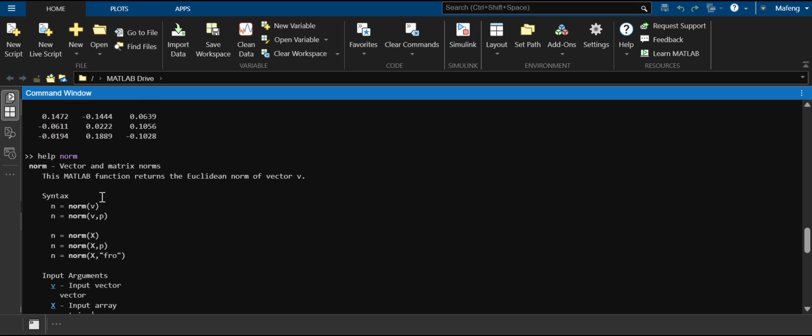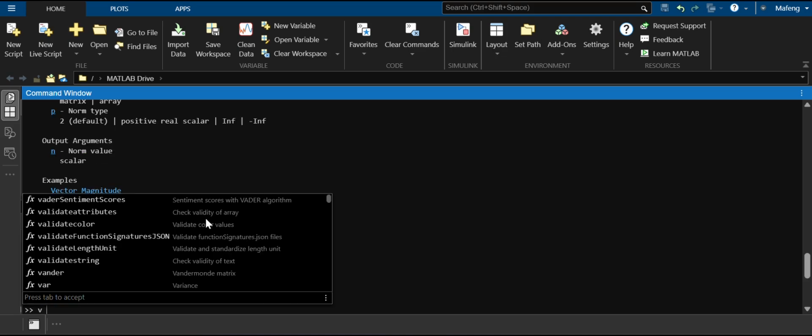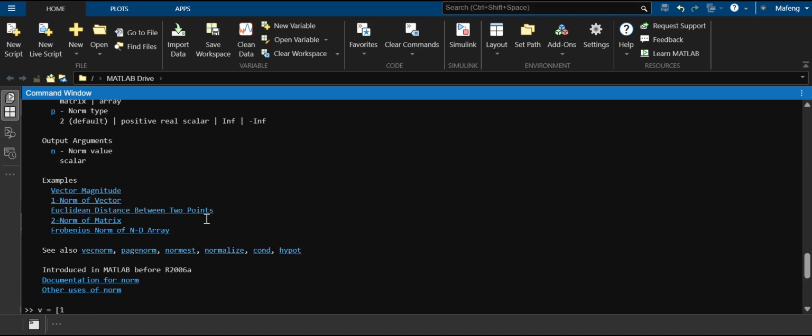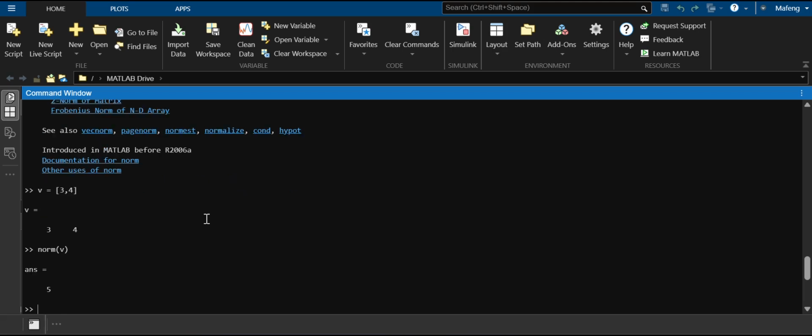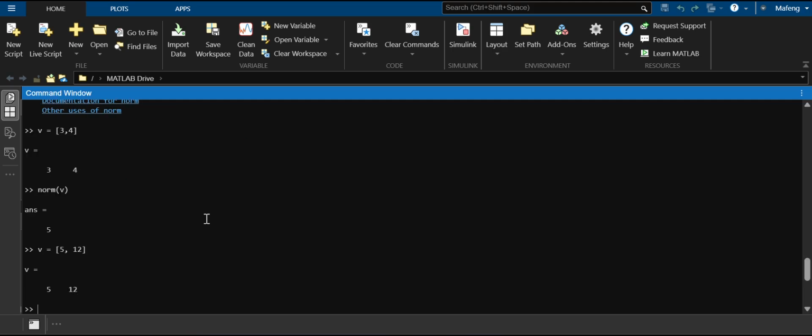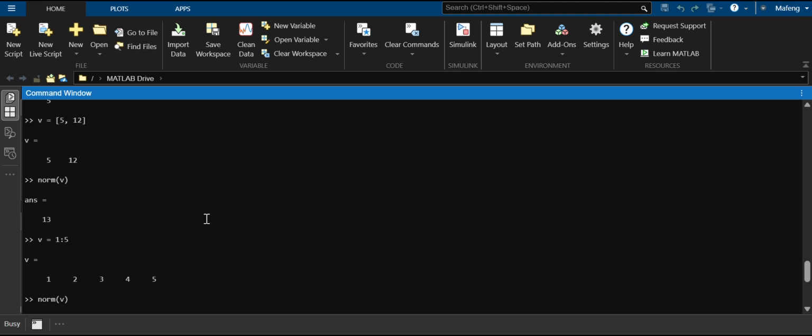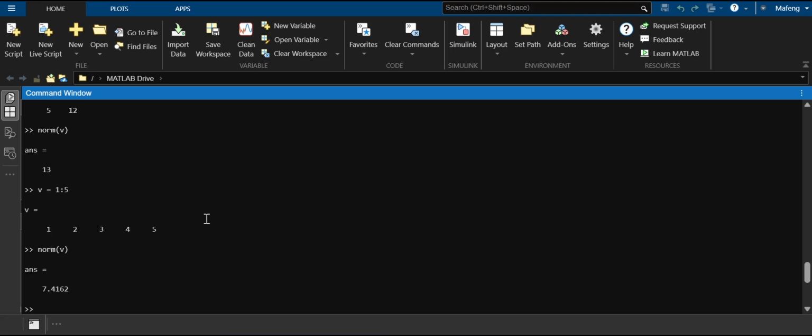So if you had a vector v, let's say 3 and 4, the square root of 3 squared plus 4 squared is 5. So norm v will give you that 5. If you had v as 5 and 12, it will be 13. But if you had even longer vectors, it gives you the Euclidean length of that.